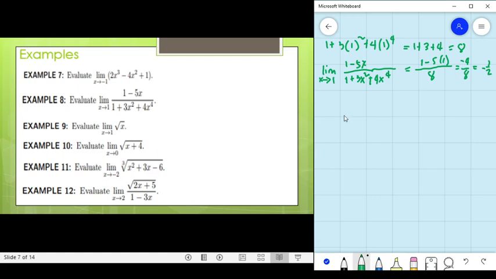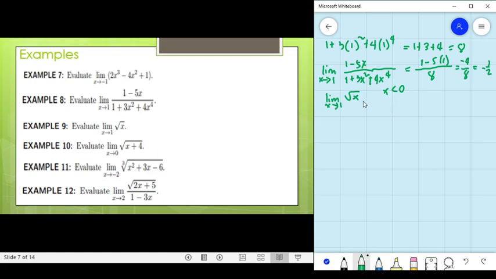Okay, next is example number 9. We are going to evaluate the limit of the square root of x as x approaches 1. Take note that the value of the square root is undefined when x is less than 0. If we find the limit of square root of x as x approaches 1 and replace x with 1, it will never happen that x is less than 0.